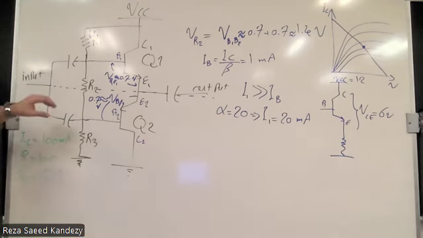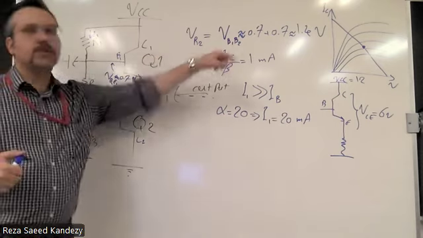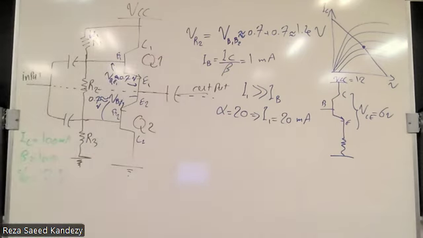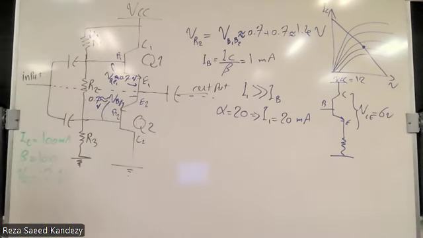Now, you remember the voltage across R2? It was the voltage between the two bases, which was around 1.4 volt. So now we have the voltage across R2 and the current passing through R2. Simple Ohm's law.